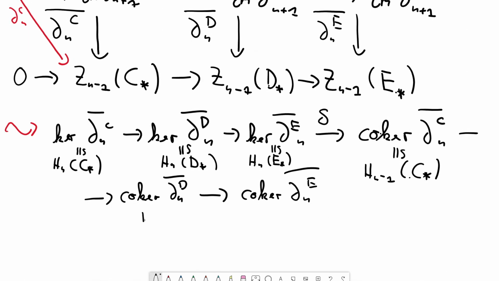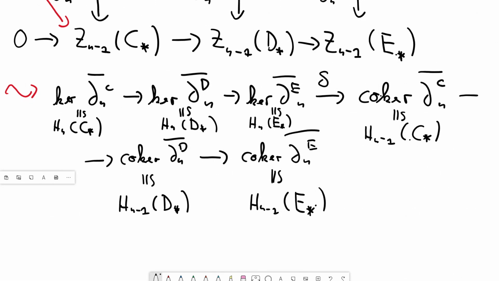The very same argument implies that this is the n-1st homology of D star, and this is the n-1st homology of E star. Okay? So in other words, what we got out of the third application of the snake lemma is a 6-term exact sequence of homology groups, from the nth homology to the n-1st homology here.